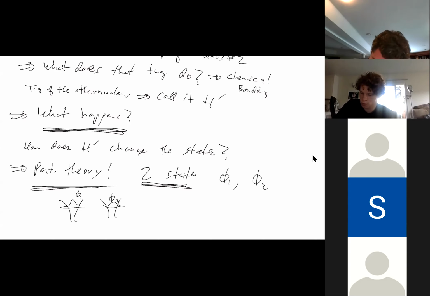But then if I want to use perturbation theory, then we ask ourselves, they are degenerate because E naught 1 is equal to E naught 2. They are degenerate.